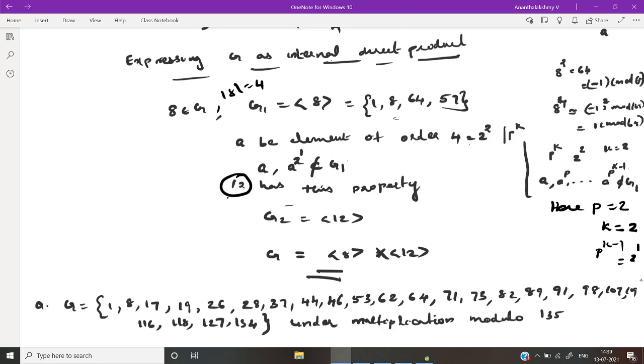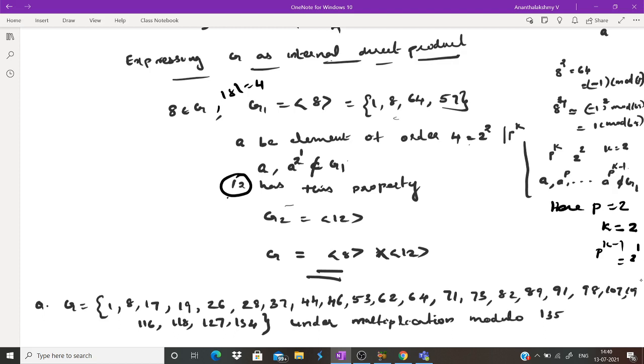Now you can write G as the internal direct product of G1 and G2: the cyclic group generated by 8, internal direct product, cyclic group generated by 12. Now what is the order of G? The order of G is 16.